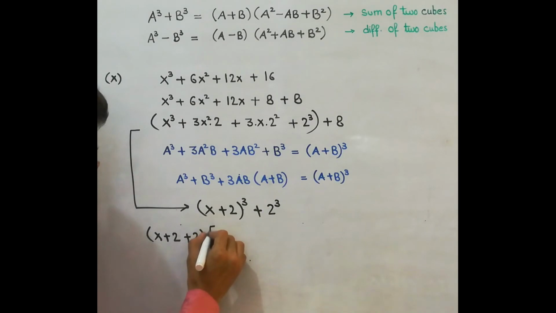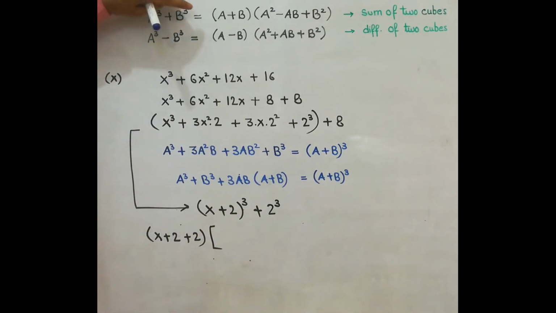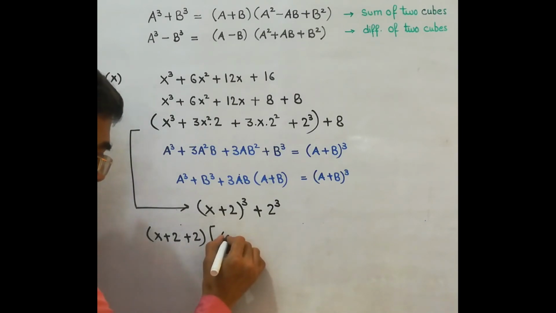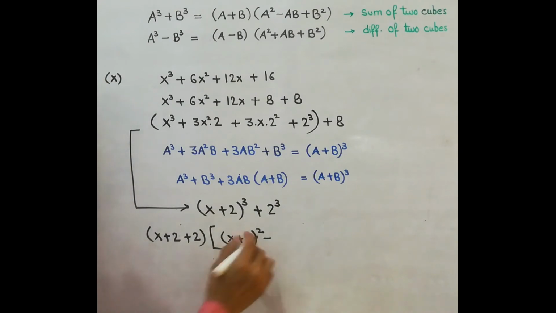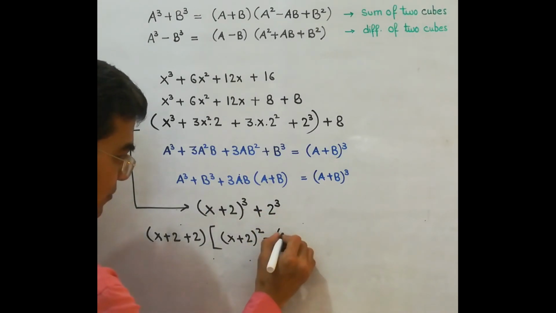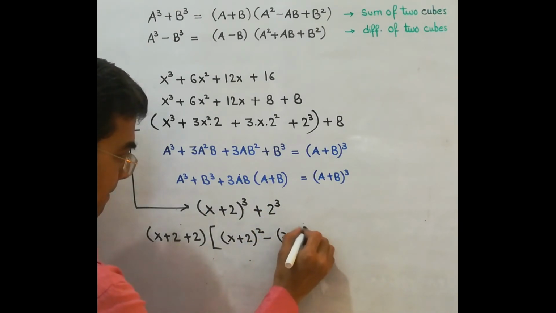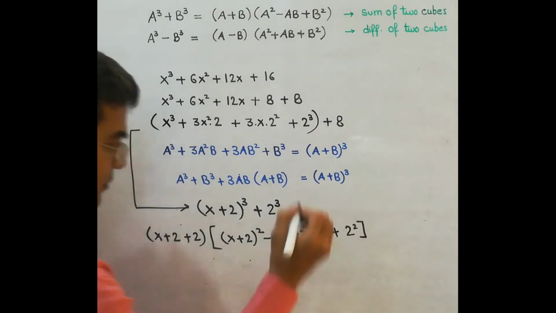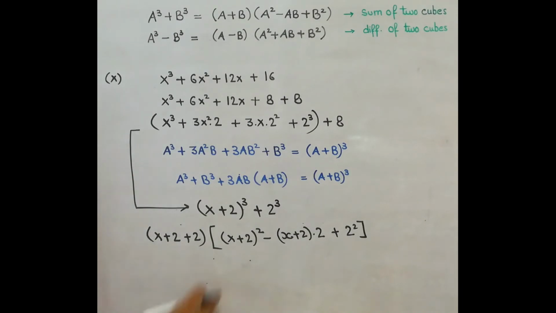In the second bracket, first of all, you get square of a. This is your a. Then you get minus a into b. And then you get b square. This is clear to you now?